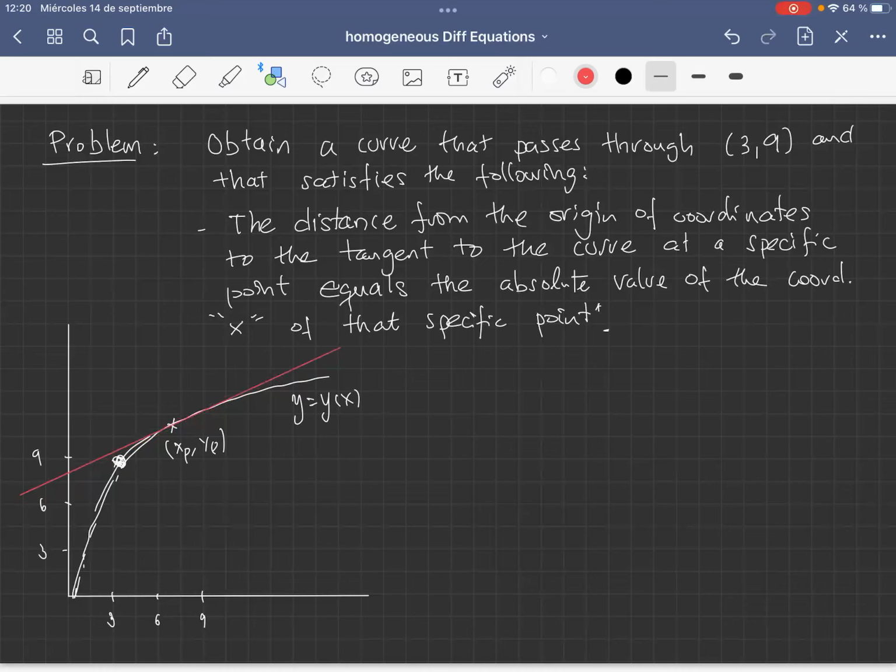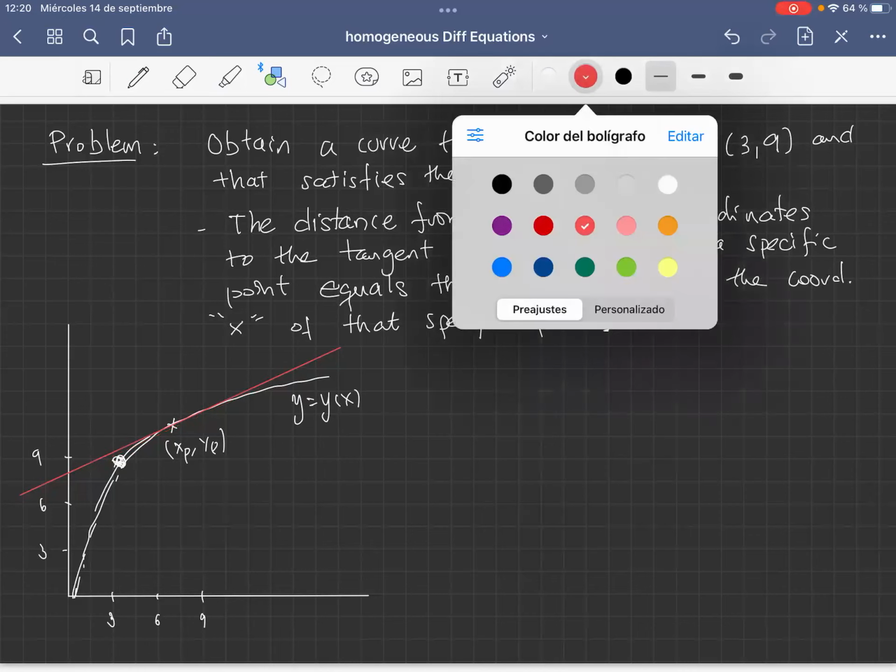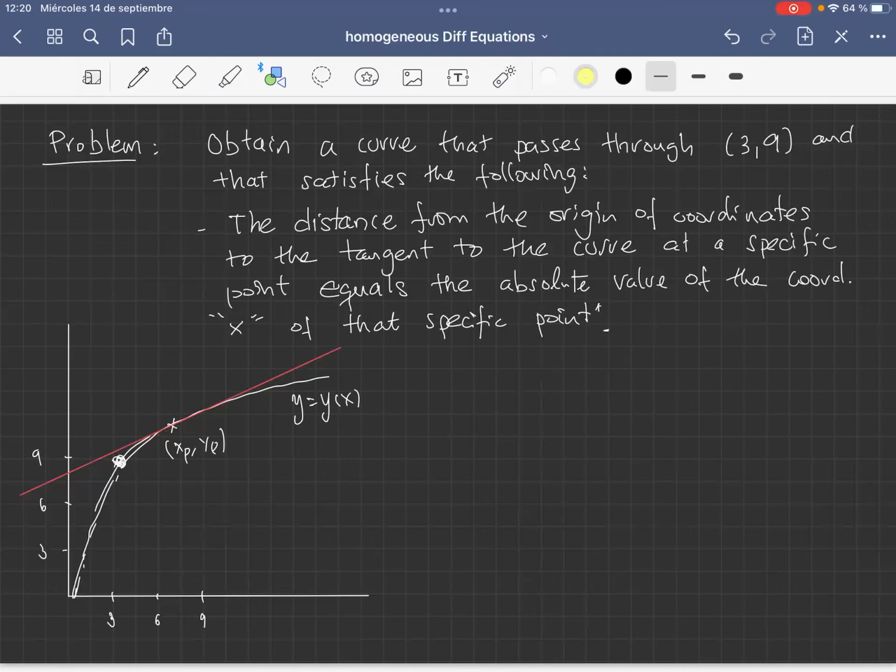Okay, so I have to trace the tangent line at that point. Basically, the distance from the origin to that tangent line, let me put this in yellow, this would be our distance from the origin (0, 0) to this line.